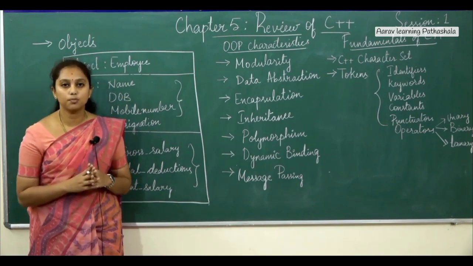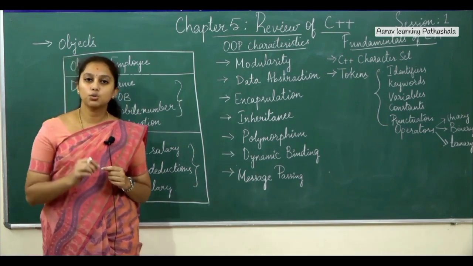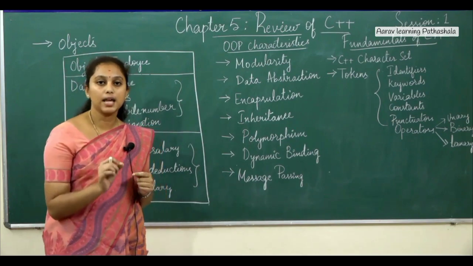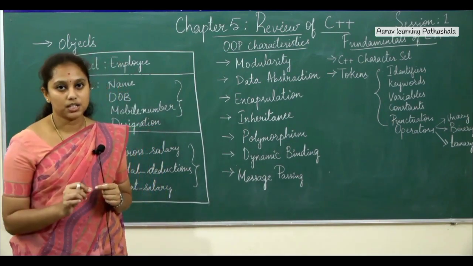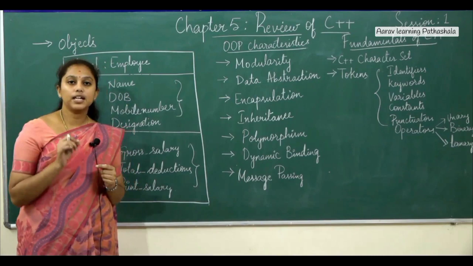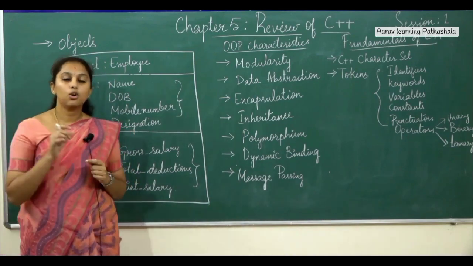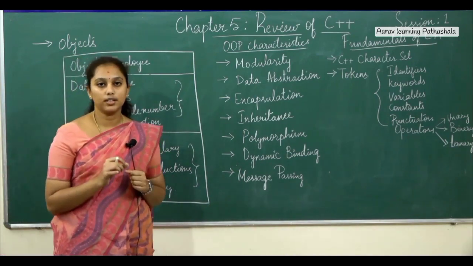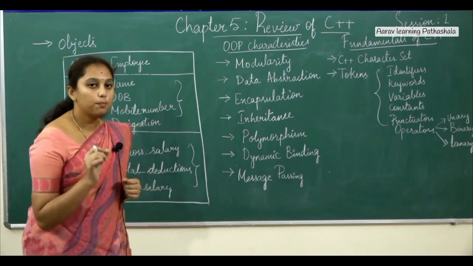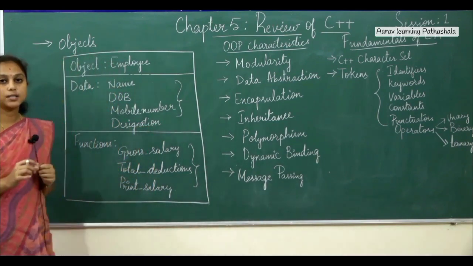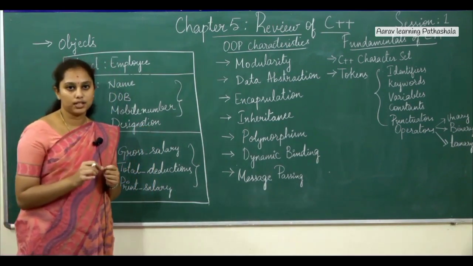Why are they called objects? Because all 49 students have opted the same combination of subjects. Hence section B is called a class and all the 49 students are called objects. Hope you people have understood the concept of classes and objects.